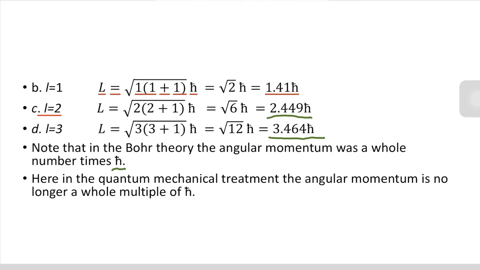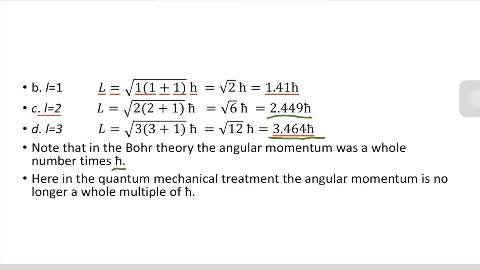For the last case, when L equal to 3, the angular momentum is equal to the square root of 3 multiplied by 3 plus 1, times h bar, and it's equal to 3.464 h bar. Note that in the Bohr theory, the angular momentum was a whole number of h bar.